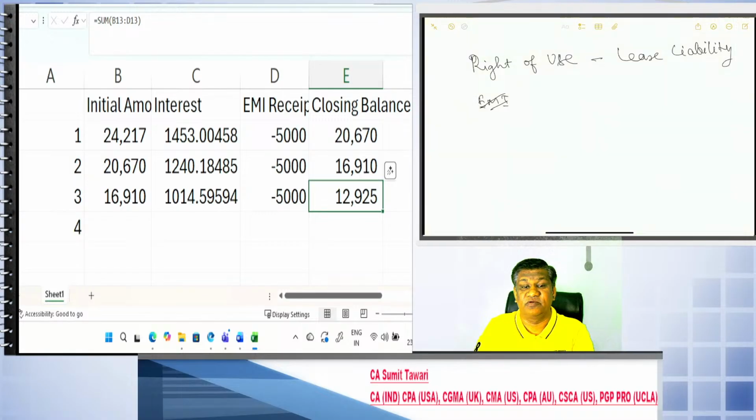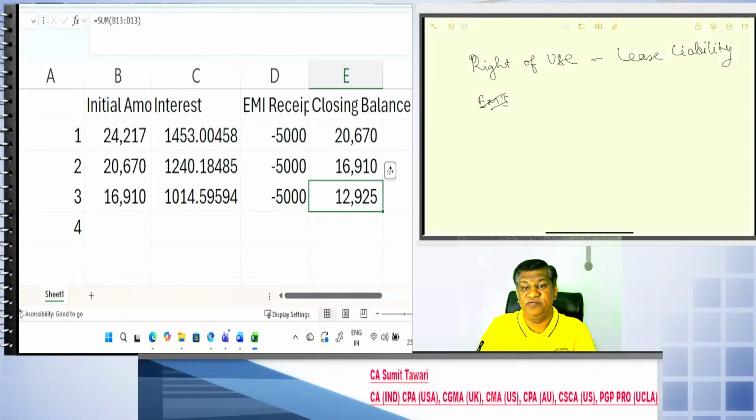Now I need to calculate the second year. In this table I need to amortize the reduction in the ROU asset. I start with this one: the initial amount is basically 48,387, interest 5.75%.